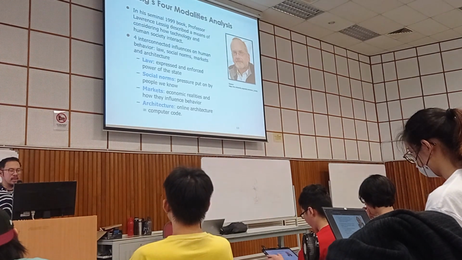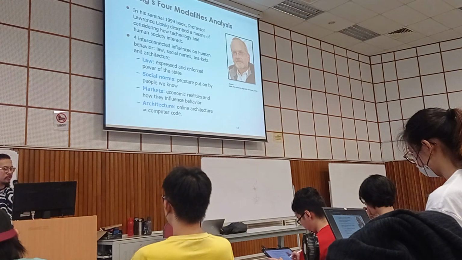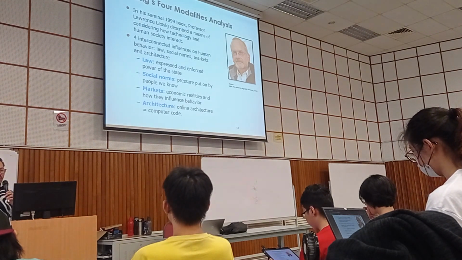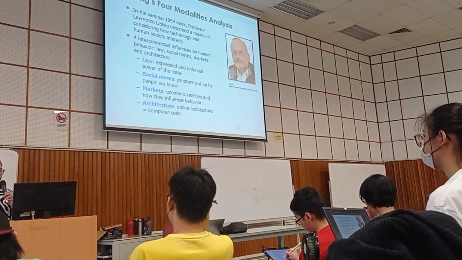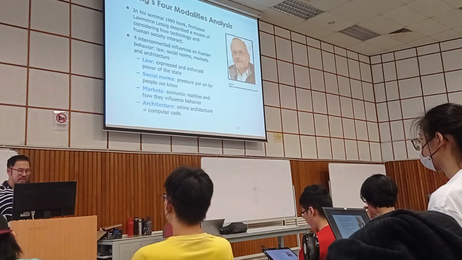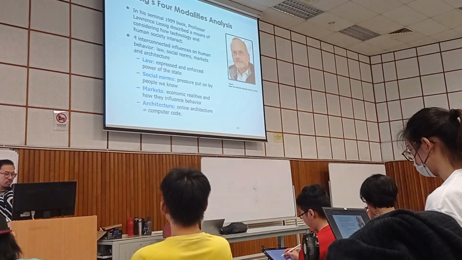Okay, so for the first one, law. It expresses and enforces the power of the state. So of course the states, the countries, they have their own laws, which are accepted within that region or country or state, about what can be done and what cannot.